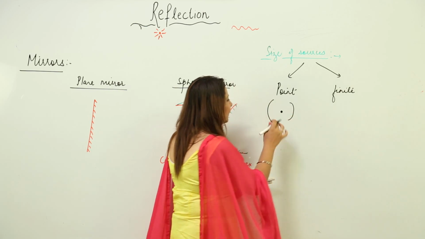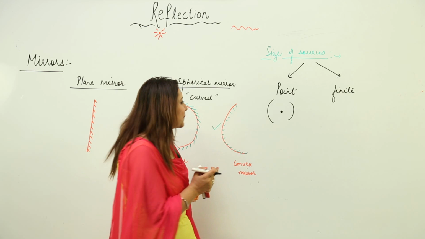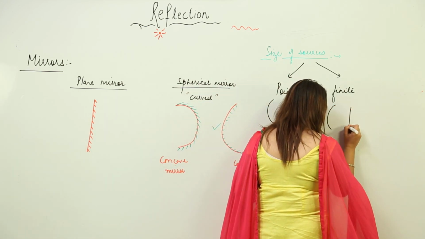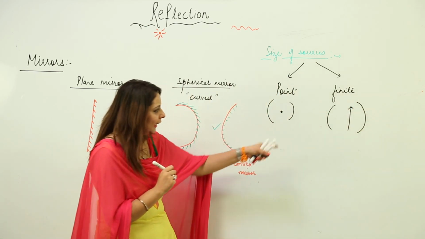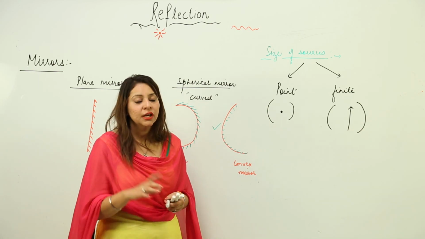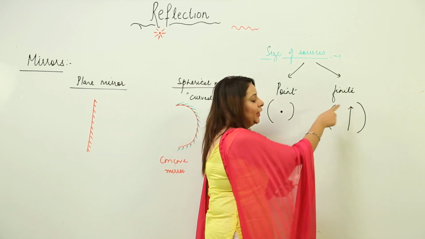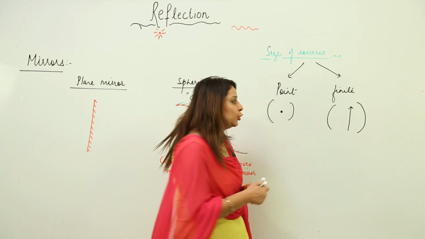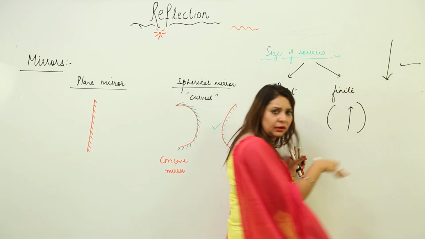I am just putting the brackets here, not to be used in the ray diagram, just to enclose this dot. And whenever you are talking of a finite object, it is denoted by this sign, the arrow. So whenever there is an arrow like this and light rays are coming from it, that means it is a finite source. One more important thing: like I have drawn this arrow with the pointer pointing upside, you also have to draw it in the same manner. Don't draw it in the opposite manner. If you draw it like this, it means something else in the ray diagram.